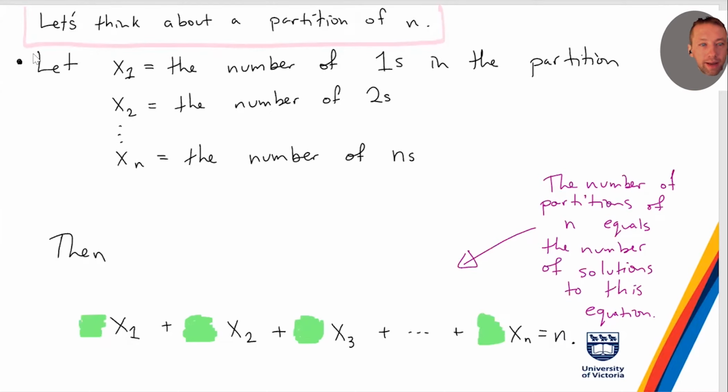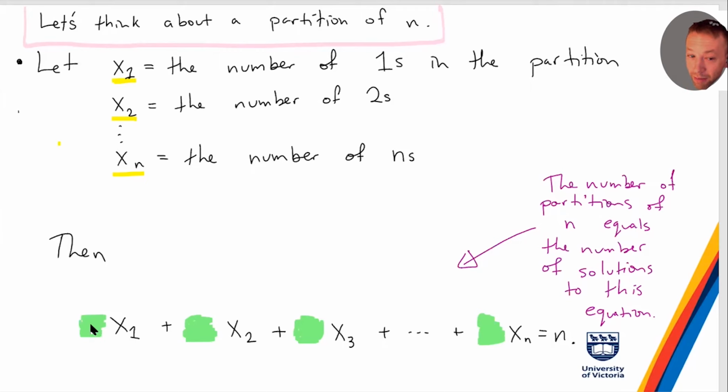So let's think about a partition of n. Let's say I let x1 be the number of ones in the partition, x2 is the number of twos, x3 is the number of threes, and so on up to xn, which is the number of n's. So what kind of equation can I get involving these things? I want to put a coefficient in each of these green blobs. I want to say that something times x1 plus something times x2, something times x3, all the way up to something times xn is equal to n for any partition of n.